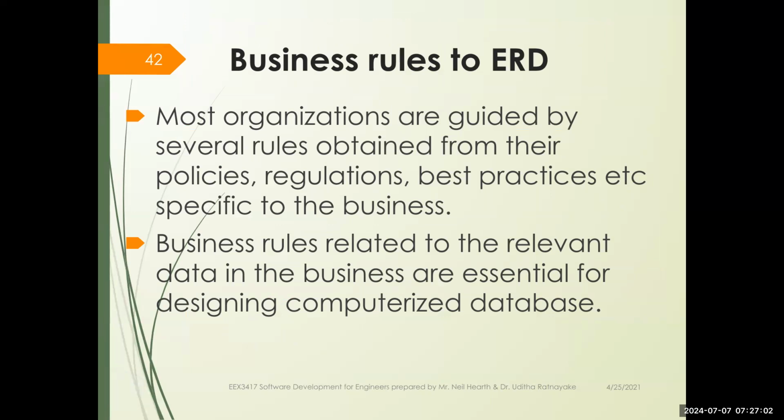A student may register for one or more courses is a rule. These are called business rules, and they belong to the organization. So we get that sentence, put it in this, separate it into tables and store it.